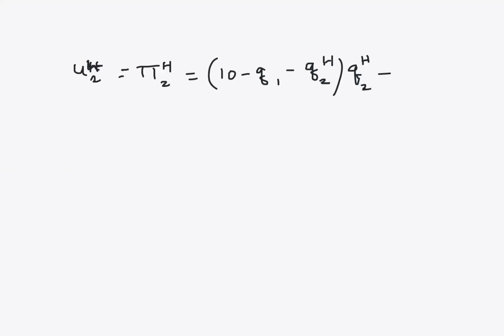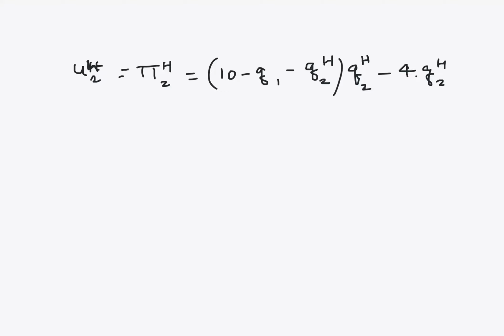So marginal cost is $4, which means average total cost is the same if marginal cost is constant. So average total cost times quantity Q2H. All right, so this is the profit function of the high cost type of firm 2.